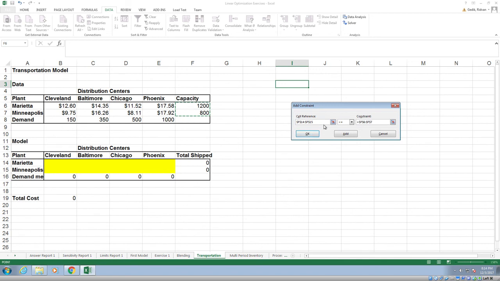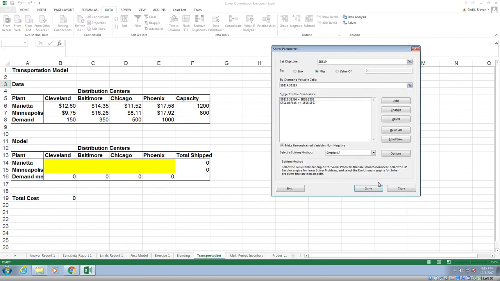What I just did here with a single selection of those two, total shipped, is add two extra constraints at a time because they share the same symbol. Yes, you can do that. And that's about it, I guess. Make sure that your decision variables are non-negative, then solve this problem.